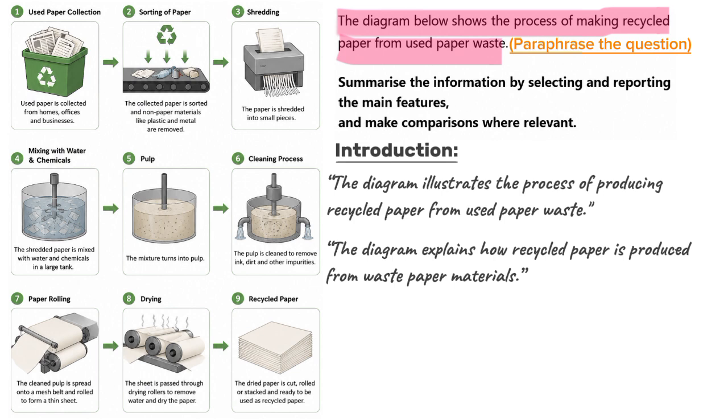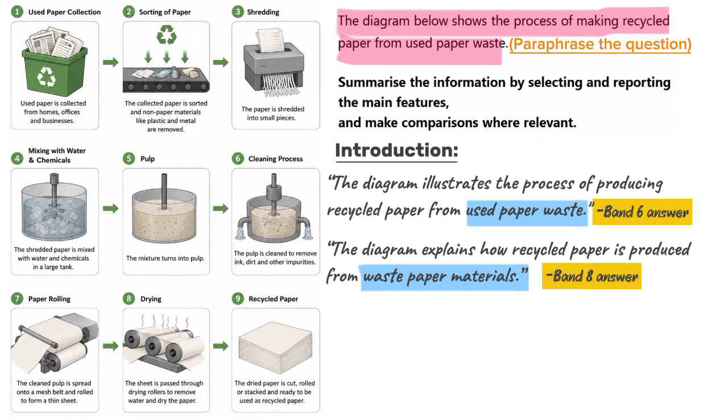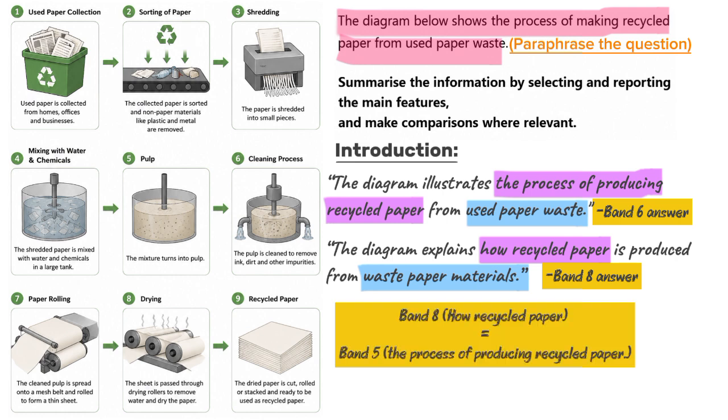As you can see, I changed the word illustrates to explains, and I changed used paper waste to waste paper materials. These are simple but effective paraphrasing techniques. Also, how recycled paper is produced is a good paraphrase for the process of producing recycled paper. It is simple, but it is the introduction every examiner needs.